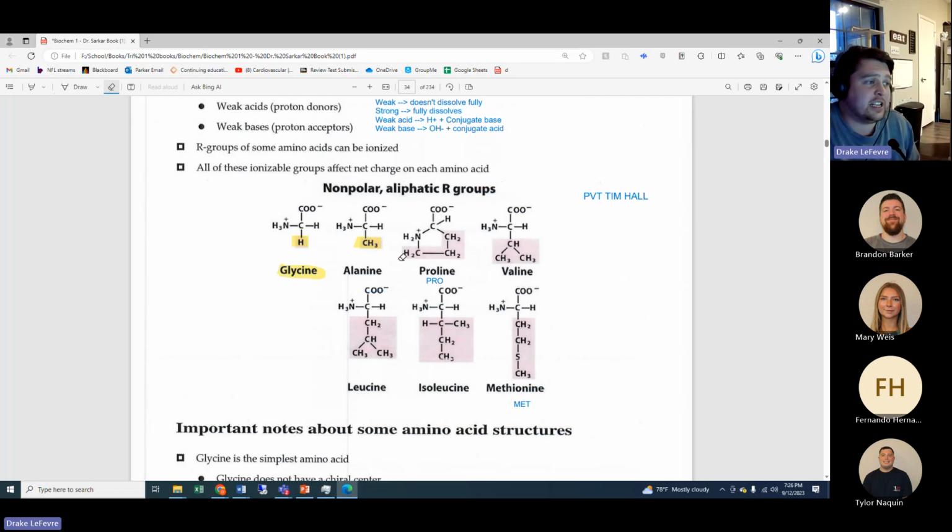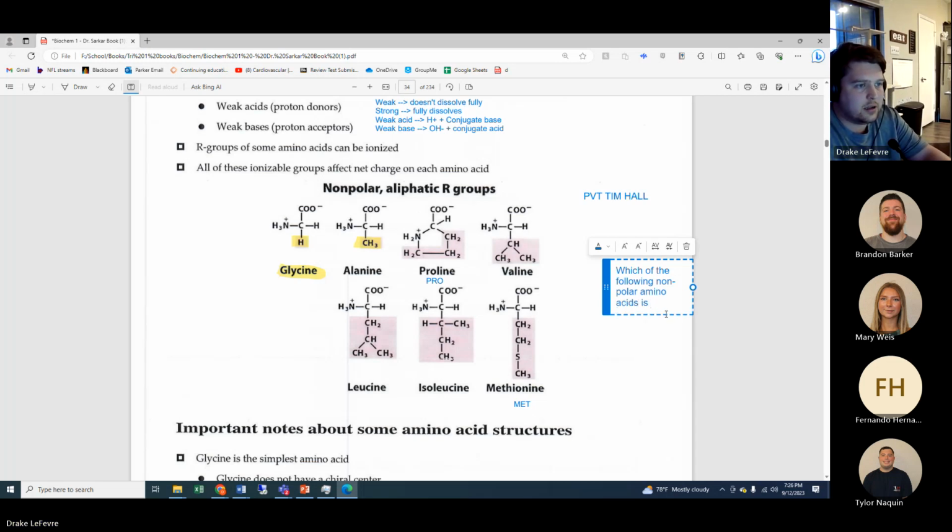For example, with these three, he could ask: which of the following non-polar amino acids is not non-essential? And then he'd have glycine, alanine, proline, and valine.